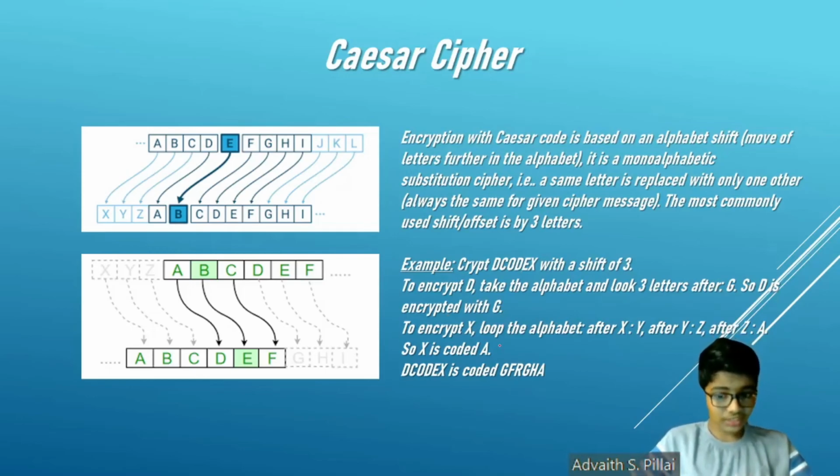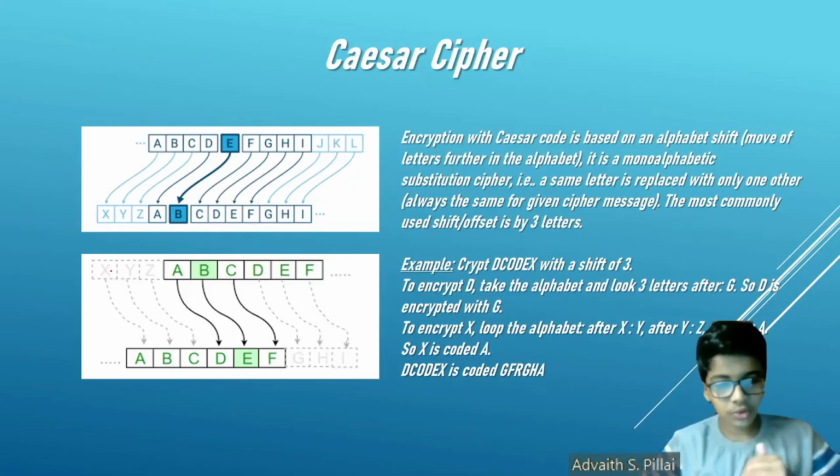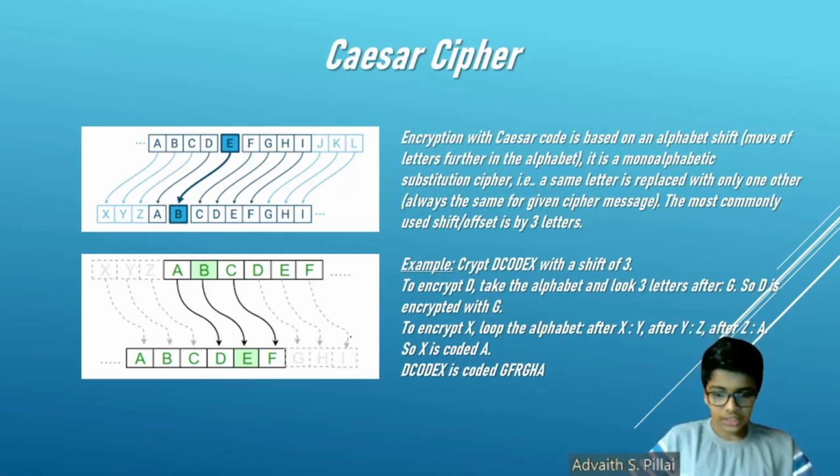And if it's one of the later letters, like X, Y and Z, say X goes to Y, goes to Z, but that's only 2 and we are looking for a shift of 3, so it comes back to A. That's how it works for X, Y and Z. So DECODEX is coded like GFRGHA with a shift of 3. Okay guys, this is how the Caesar cipher works.